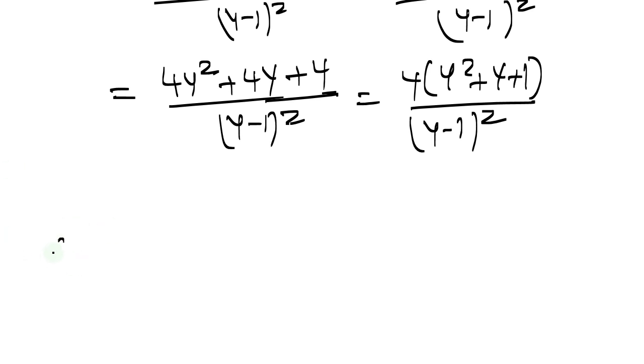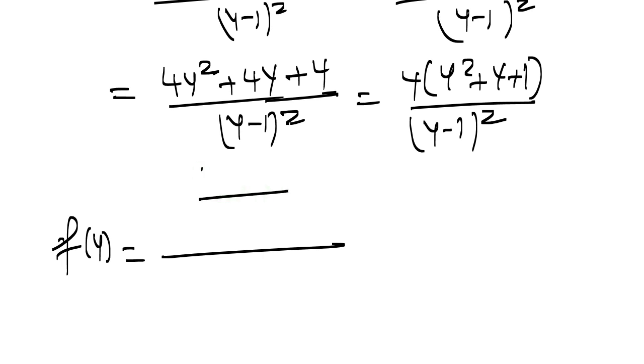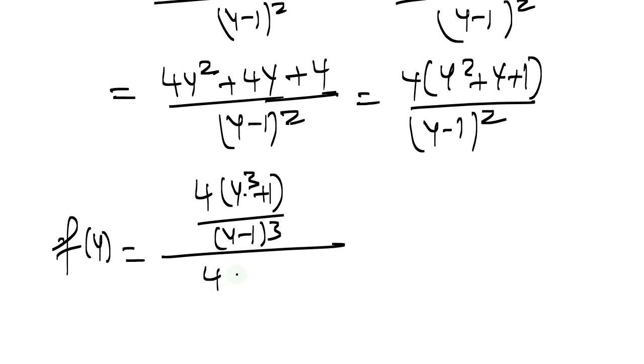So f of y is going to be equal to 4 which multiplies (y to the 3 plus 1) over (y minus 1) to the 3, and then divided by 4, which multiplies (y squared minus y plus 1), divided by (y minus 1) squared.